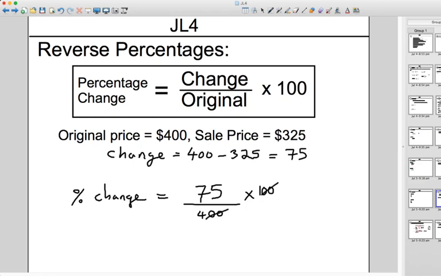So I've got 75 times 1 over 4, which is 75 over 4. I need to divide this number by 4. So 4 into 75.